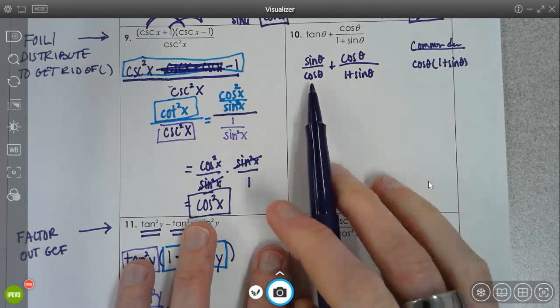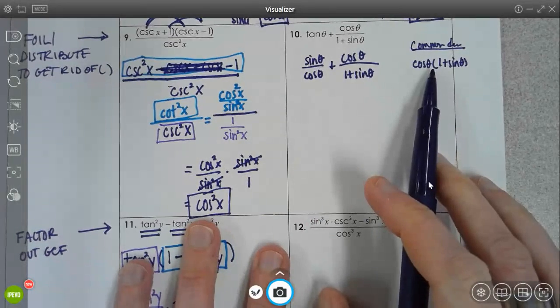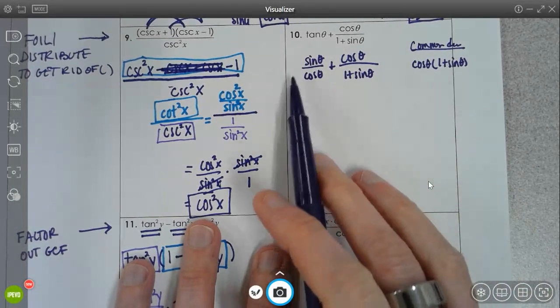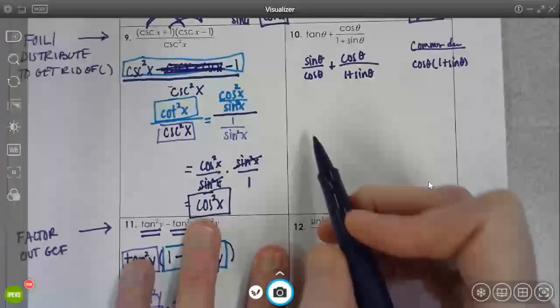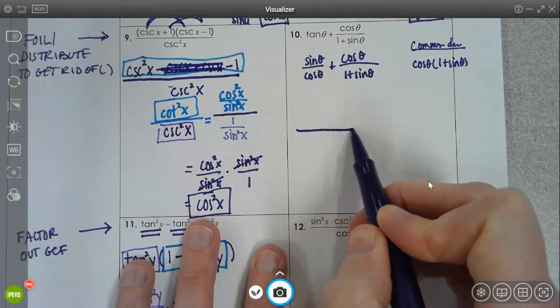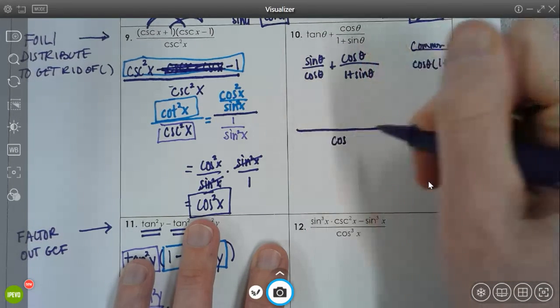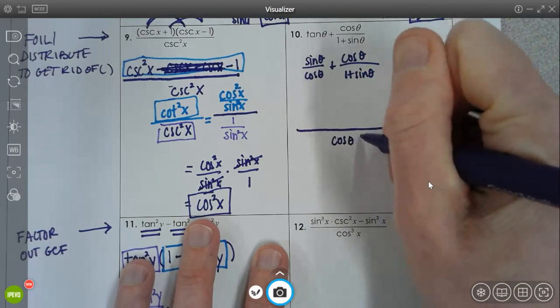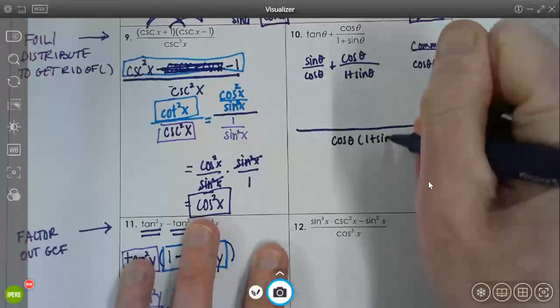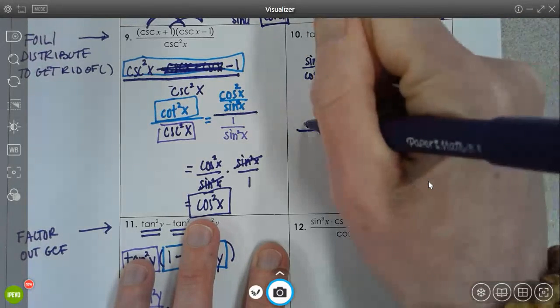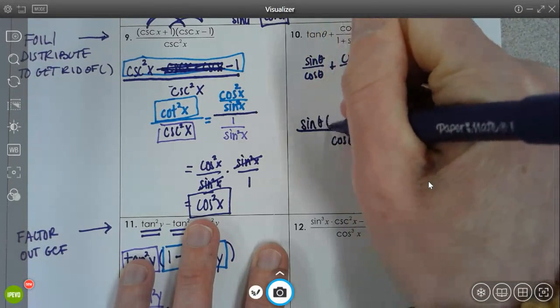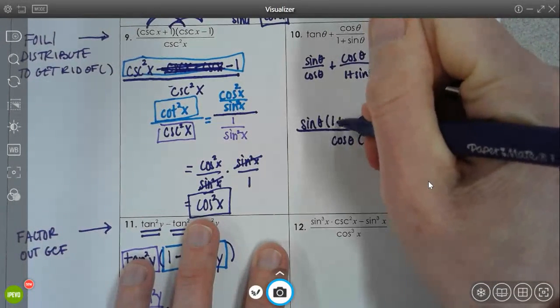So as I try to put these two fractions together with this common denominator, I need to multiply each fraction by the missing factor. So if we look at that first fraction, it already has the cosine theta from our common denominator, but it's missing that 1 plus sine theta factor. So I'm going to take that numerator sine theta, and I'm going to multiply it by that missing 1 plus sine theta.